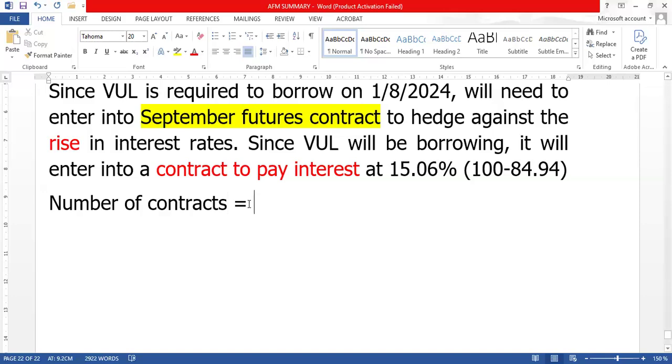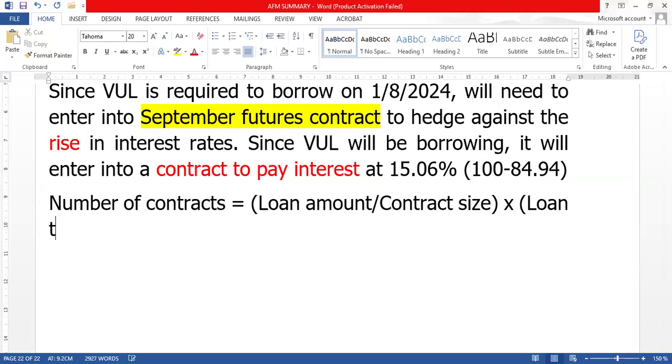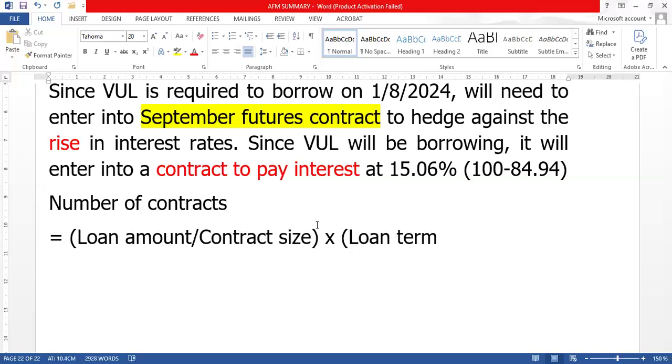We simply get the loan amount, then you divide by the contract size, then times what? The loan period divided by the standard or the contract duration.